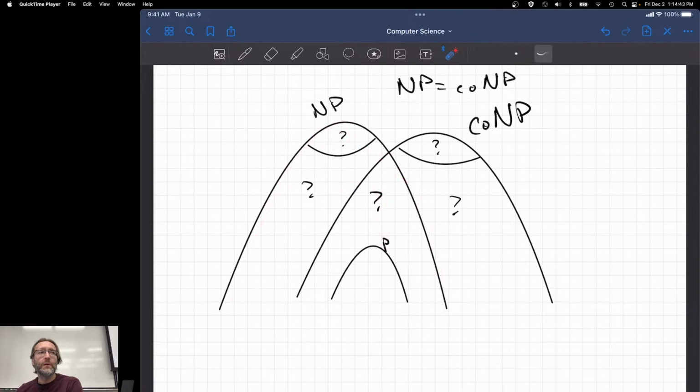So are there previously thought to be NP questions? Good question. For many, many years, primality testing was not known to be one way or the other, right? And then 20 years ago, a group of grad students and their advisor showed a deterministic polynomial time algorithm that determines whether or not something is prime, right?